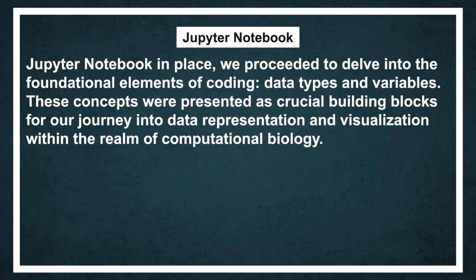The data types in Python, such as strings, integers, floats, and booleans, were highlighted for their versatility. They empower developers to accurately represent diverse types of biological data, whether it involves gene sequences, numerical measurements or categorical information.